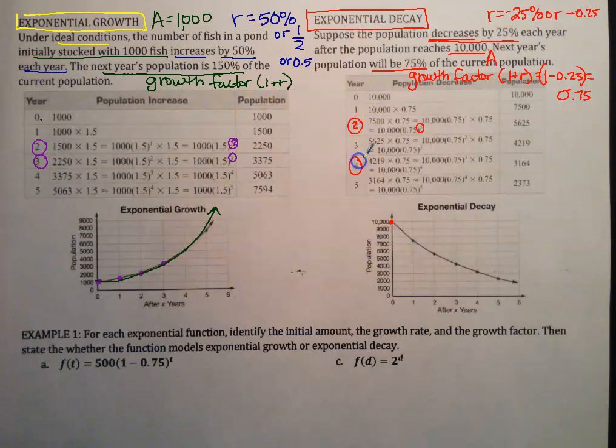Like year 4, it's the same thing, 10,000 times 0.75 to the power of 4, because it's year 4. Using that to help us, you'll notice that with decay our graph is declining. As our x gets larger, our y value gets smaller.